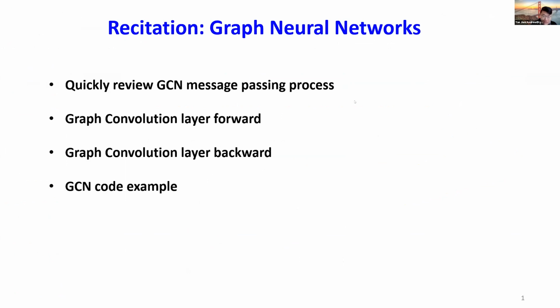Today we're going to have a quick review of the GCN message passing process, and then we will derive the graph convolution layer's forward as well as backward. Based on that, we will give GCN code examples to help you start to build up your own GNN code. And we will use the package PyTorch Geometric.